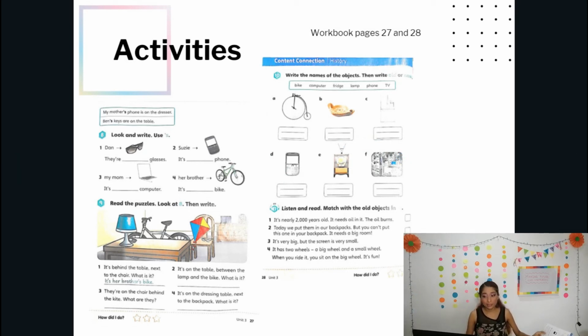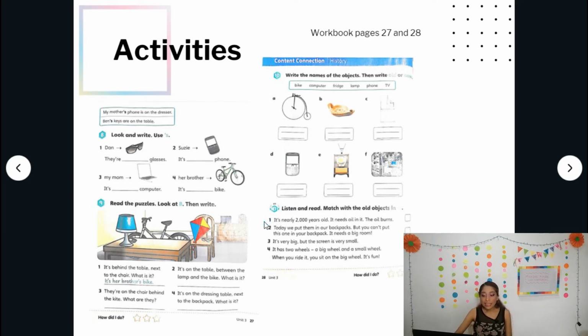We already did some activities with the same pictures. And you're going to write in the first line, en la primera línea, el nombre del objeto. In the second line, en la segunda línea, vas a escribir if it's new or if you think it is old.